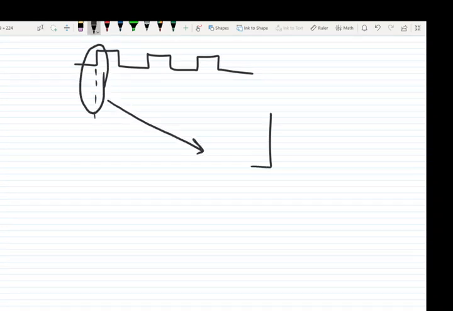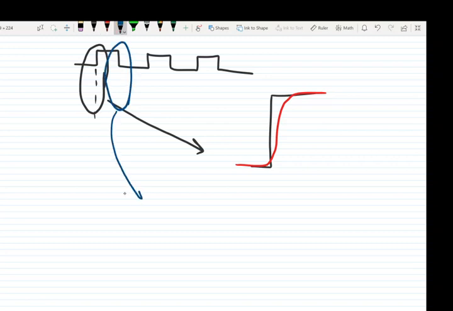it is not like this. In fact, it is something like this. Okay? The same story for the falling edge. It is not like this, very sharp.